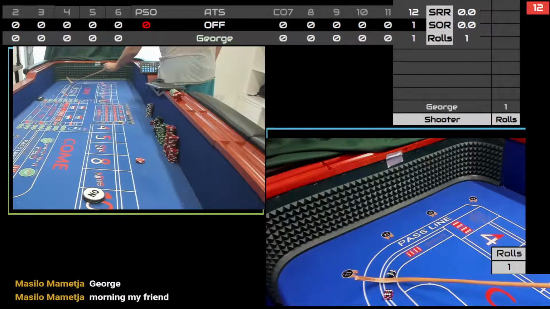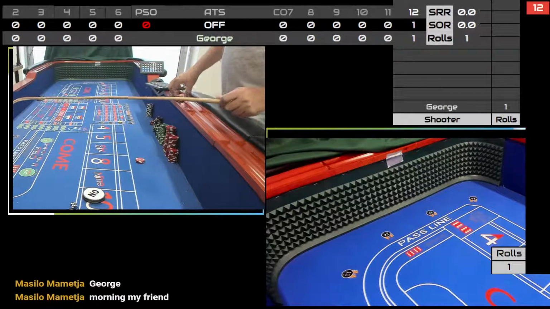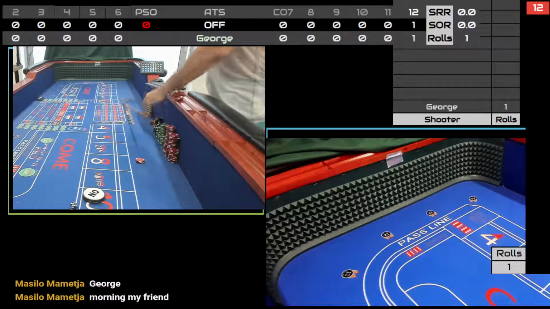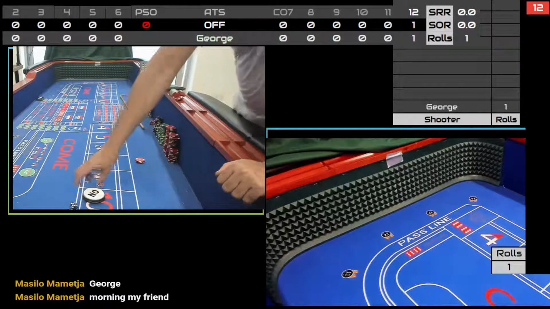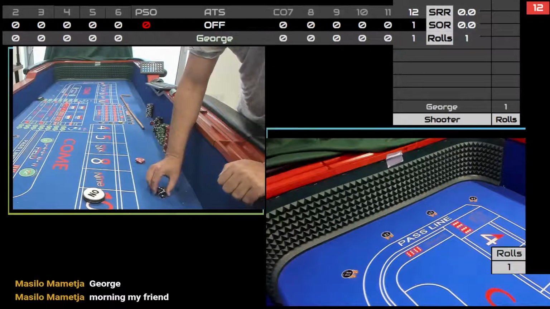Left die exploded. What was here? 268. Am I going to change? No, I'm not. I'm not going to employ anything yet, because this is the first roll, and I haven't thrown any practice shots before they started.